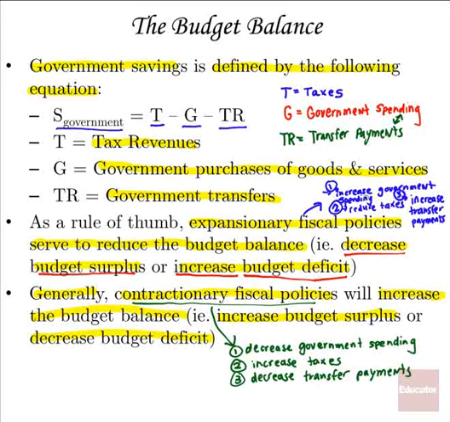You're giving money back, you're spending more money. Whereas the green one, contractionary, decreasing spending, increasing taxes, decreasing transfer payments, is going to be very unpopular. So this might be the more responsible thing to do. But expansionary is definitely more fun. People are going to prefer more being spent.